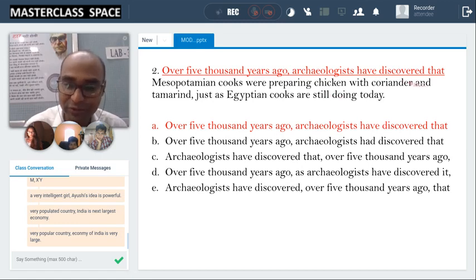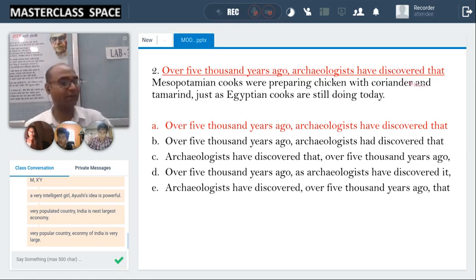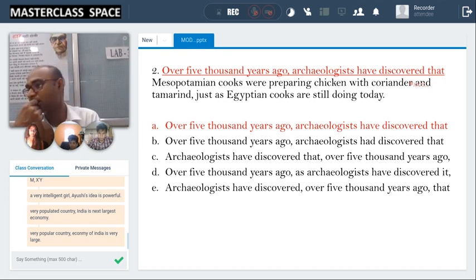Now, this is a question of modifier. Everybody pay attention, because I want Ayushi to describe this option. Would the answer be C?